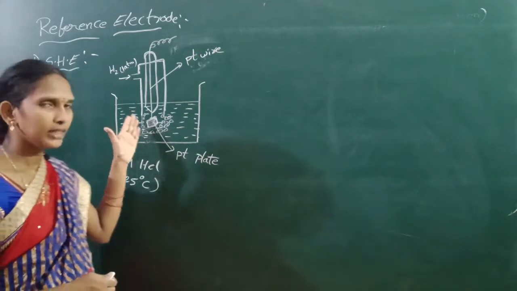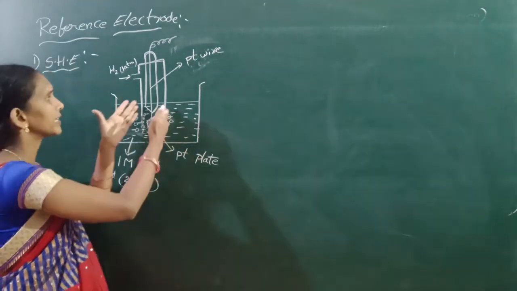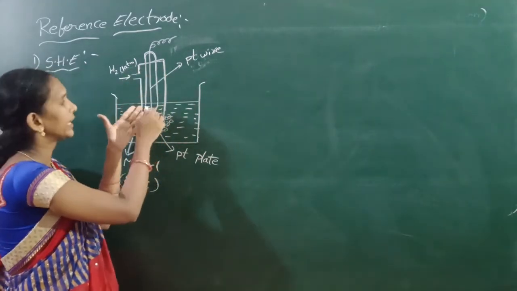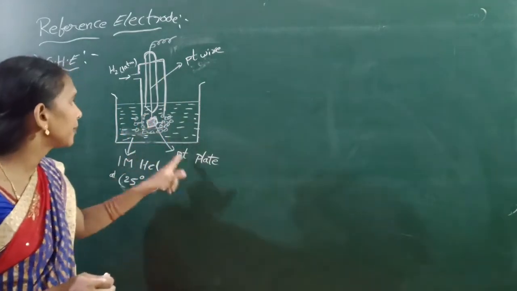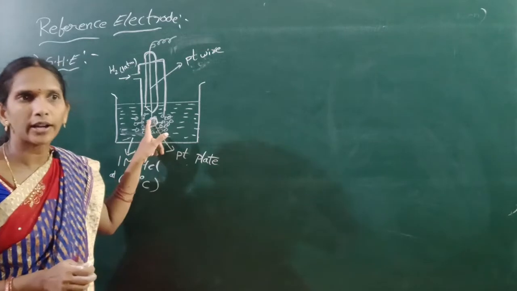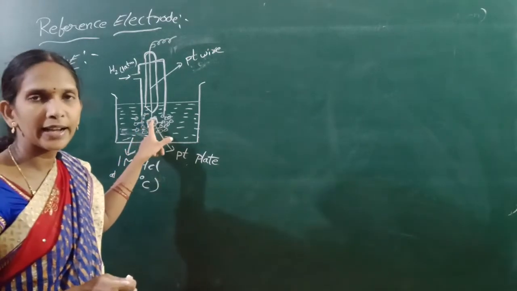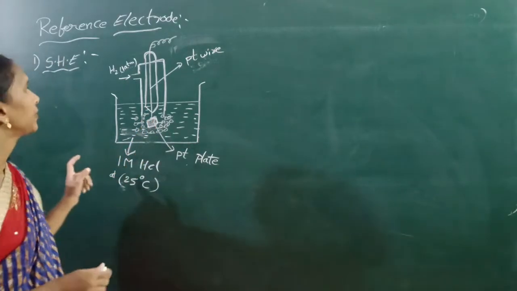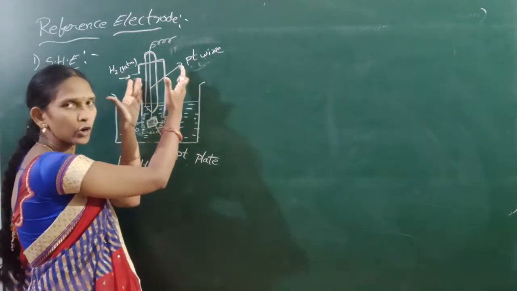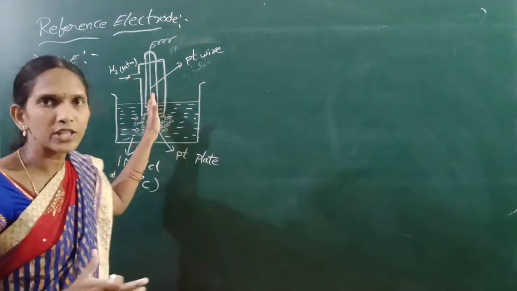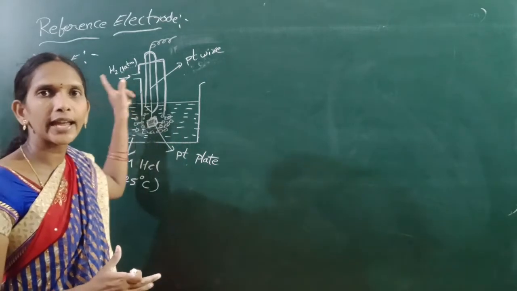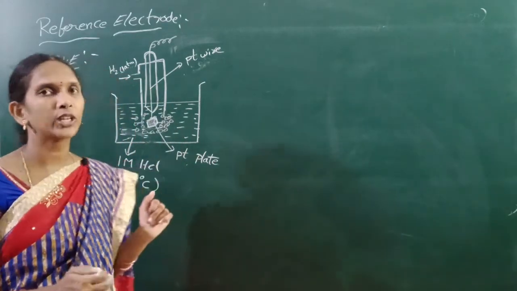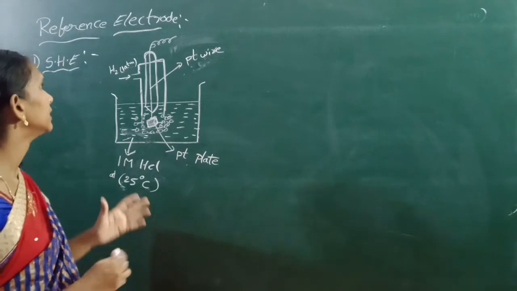In this case, the glass tube consists of a platinum wire, and a platinum plate is fitted at the bottom. This platinum plate is coated with platinum black and fitted within the outer glass tube, which has an inlet for supplying hydrogen gas at 1 atmospheric pressure.